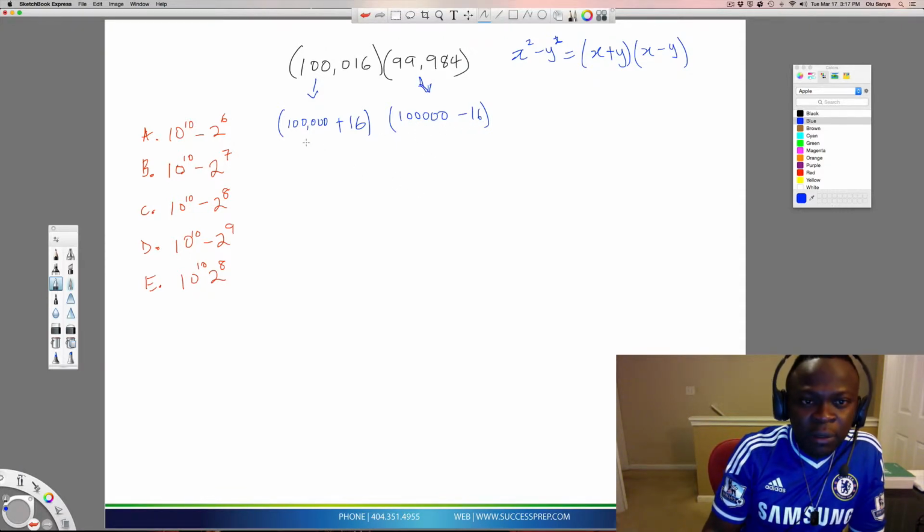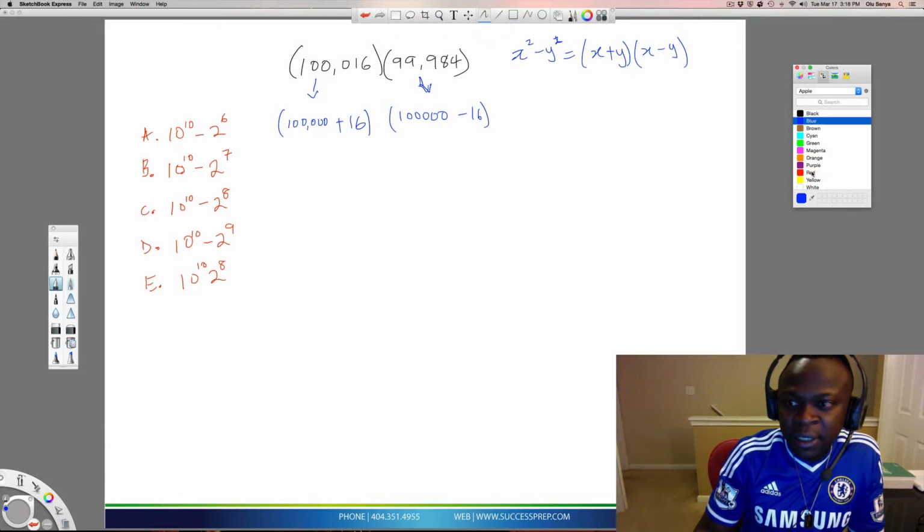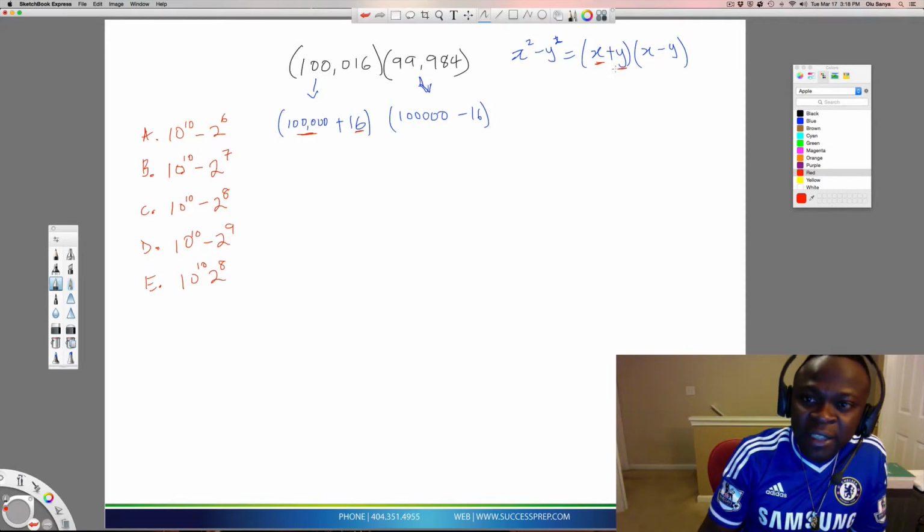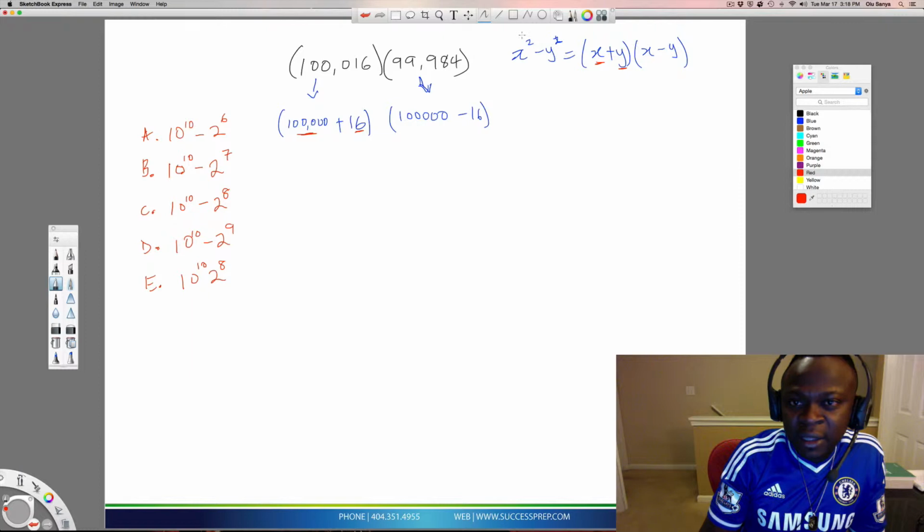If you compare this to what I have up here, essentially my x here is now like my 100,000, and my 16 here is like my y. So if that is the case, I should be able to write this whole thing in this format as a difference of two squares.